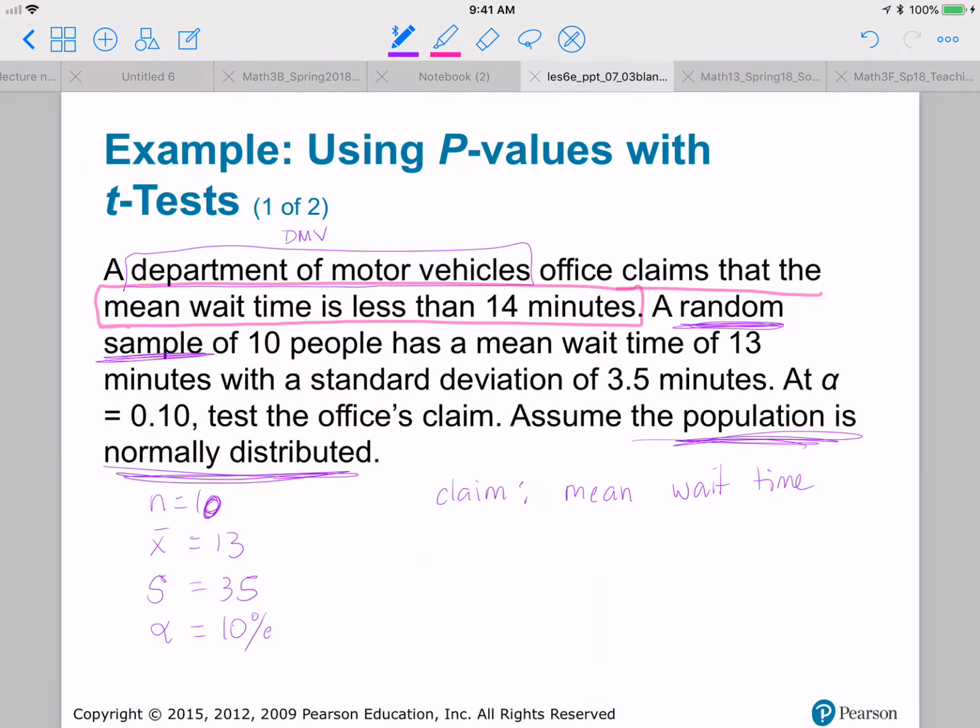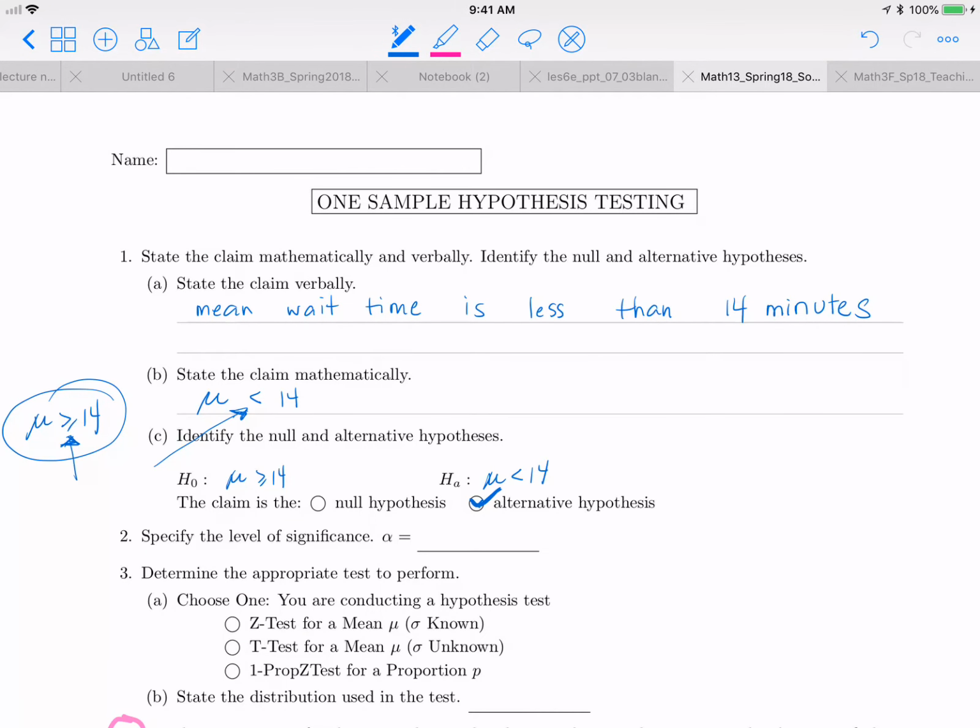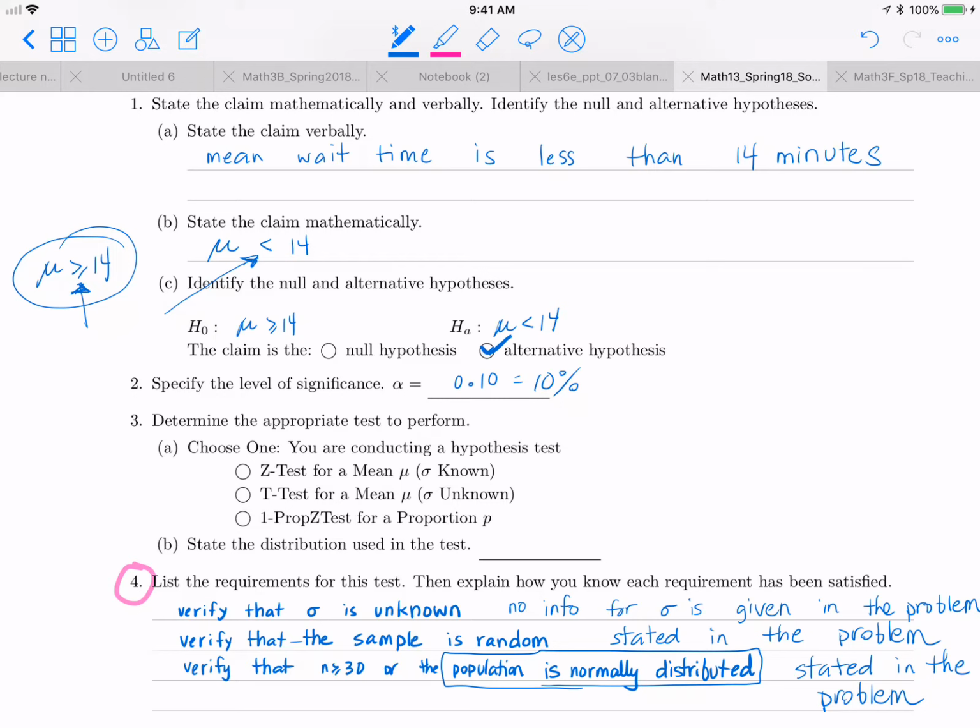Specify the level of significance. Alpha is 10%. So alpha is equal to 10%, 0.1. Determine the appropriate test to perform. Okay, we are going to be doing a t-test because sigma is unknown, right? State the distribution used in the test.